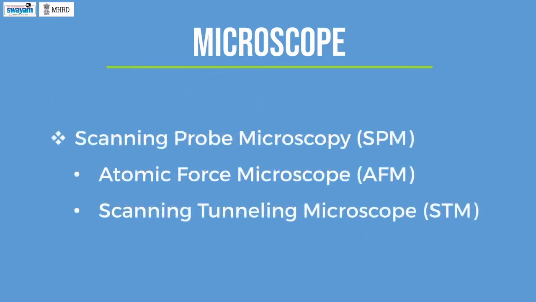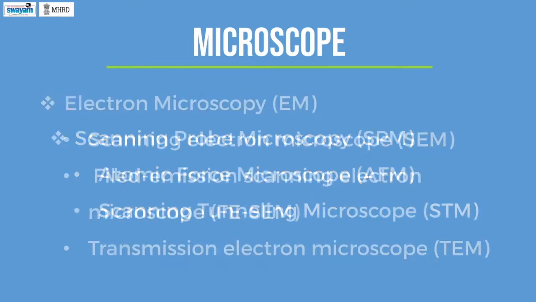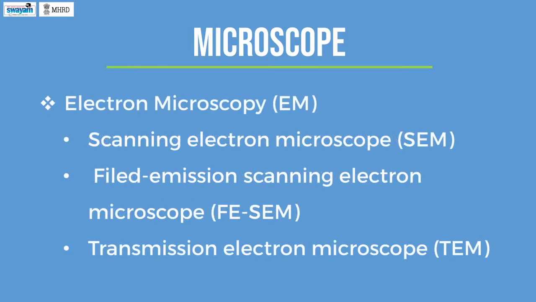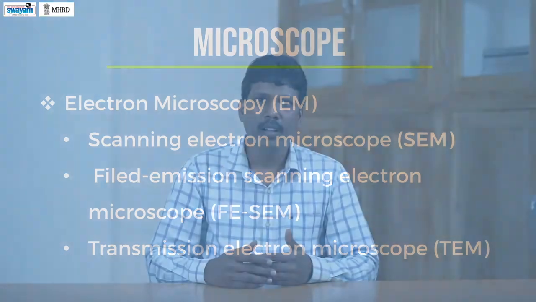Scanning probe microscopy, atomic force microscope, scanning tunneling microscope are some of the examples of scanning probe microscopy techniques. Scanning electron microscope, field emission scanning electron microscope and transmission electron microscope are some of the examples of electron microscopy techniques. Let us discuss a few microscopy techniques that are frequently used for biomass analysis.